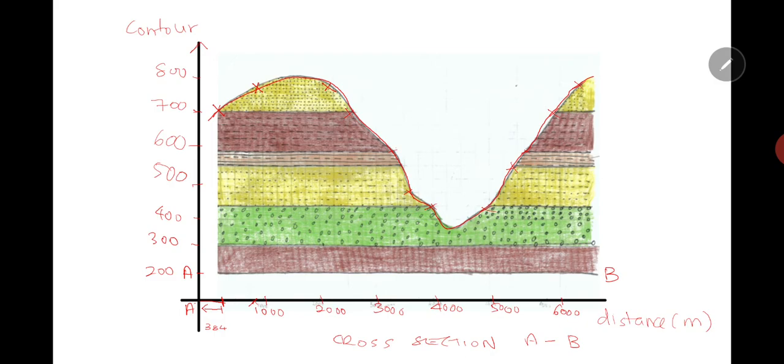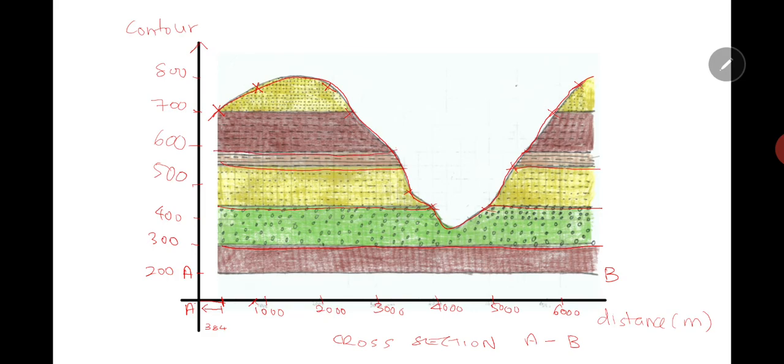You have all those contour lines. Each contour line will give you different types of sedimentary rock. So use the map as the guidance for you to draw this horizontal line to show the bedding of your sedimentary rock.